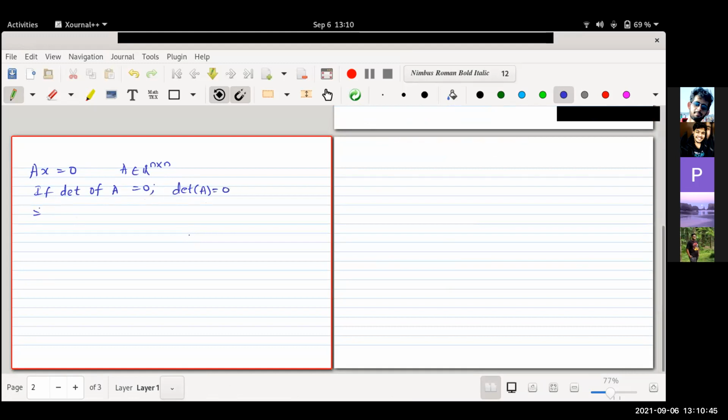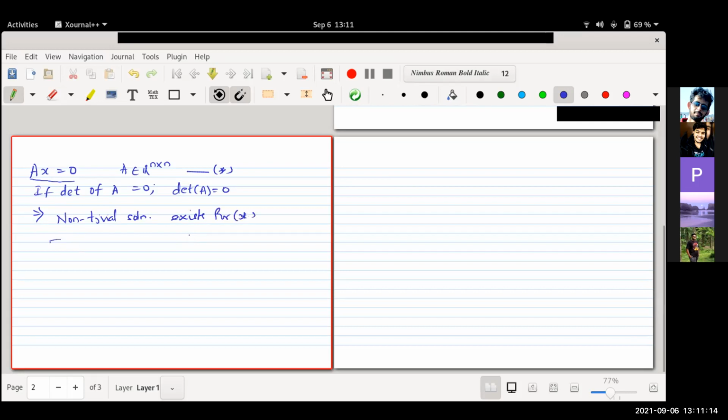what does it imply? What can you say about the solution of this expression? X can be any value? No. It cannot be any value. X is 0, 0, 0? You should say a non-trivial solution exists. What does it mean?